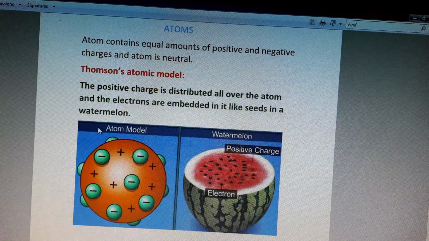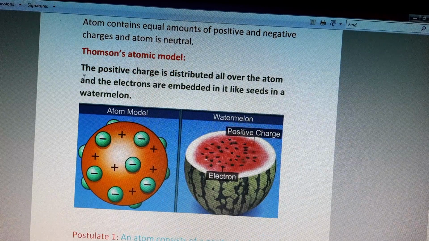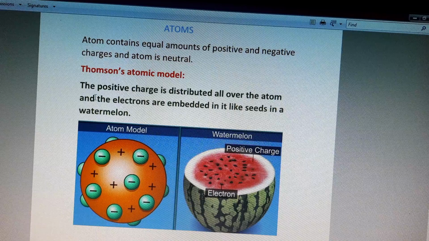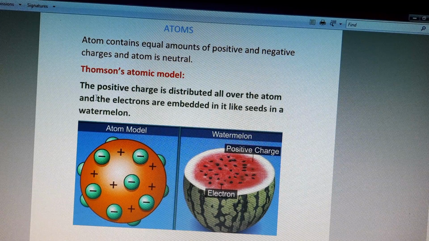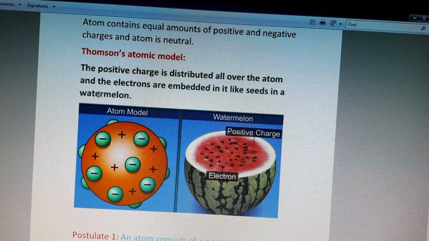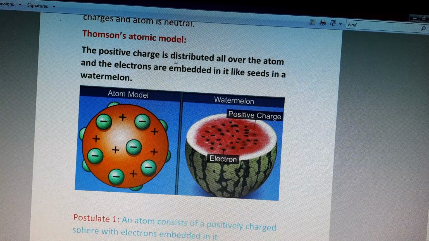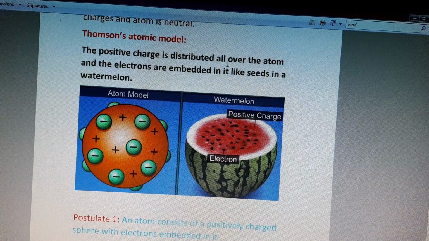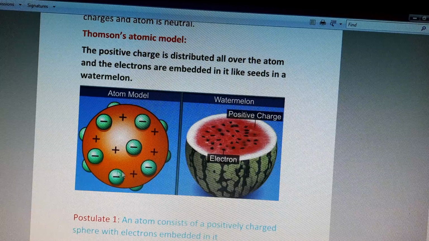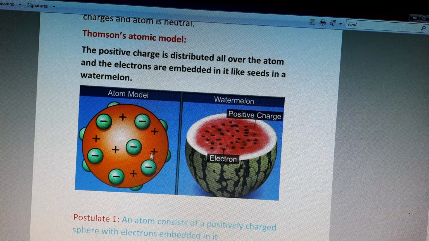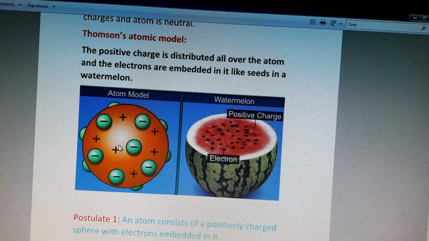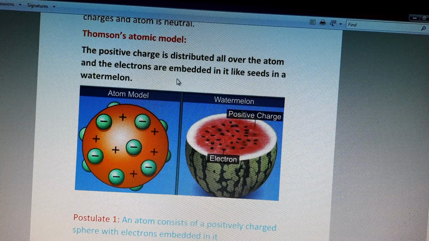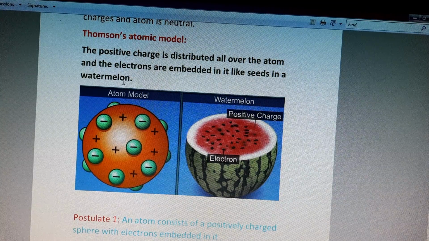In the Thomson atomic model, every atom has an equal amount of positive and negative charge. The positive charge is distributed over the whole atom, and the electrons are embedded in it like seeds in a watermelon.